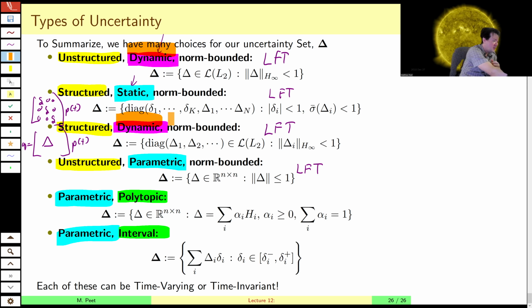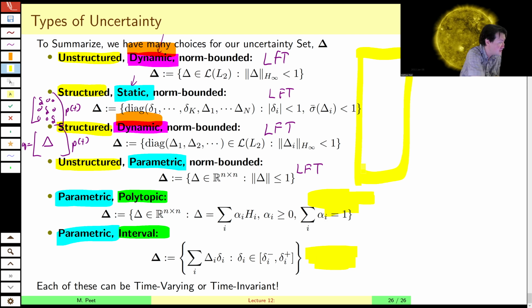And in particular, these 2 are highlights. They're very, very important special cases. So we'll go through those in the next lecture. And then following that, we'll come back to these cases in lecture 14.